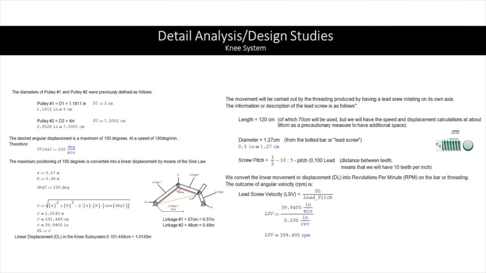That gives us an angular velocity, or a lead screw velocity, of 399.1405 RPMs, or basically 400 RPMs.